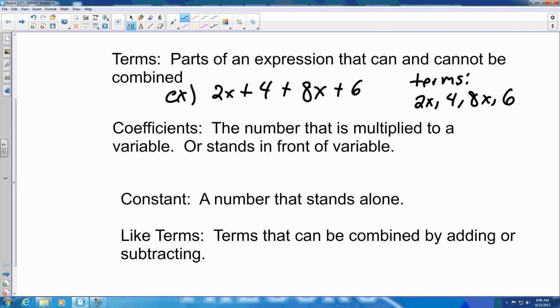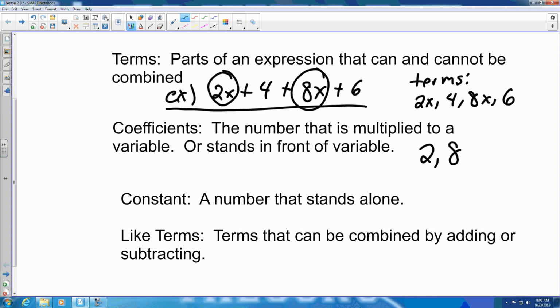Coefficients are the numbers that are multiplied to the variable. Or another way of saying it is it's the value that stands in front of the variable. So if we go back to this example here, I have a 2x and an 8x, so the coefficients for those two variables would be 2 and also 8.